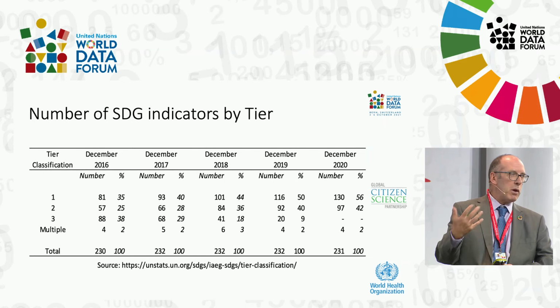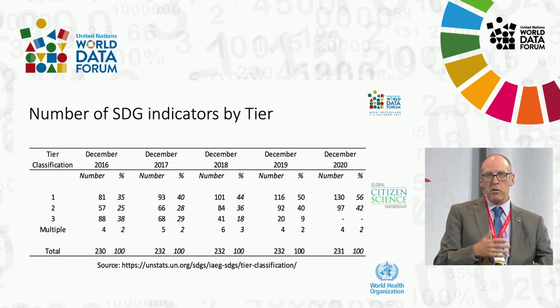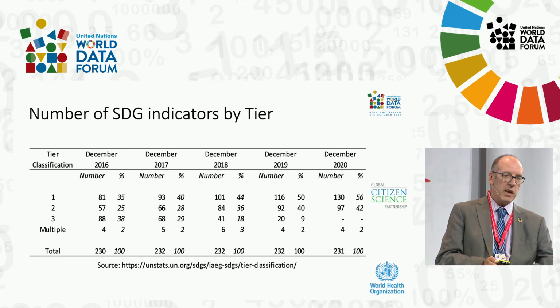The other reason that we were thinking about this, in the context of SDGs, is that while we've made tremendous progress towards developing indicators to measure the Sustainable Development Goals, we have a huge task ahead of us. Every December, the IAEG, the Inter-agency Expert Group, gives us an update on progress. And last December, there was still almost half of the indicators that we didn't have data for.